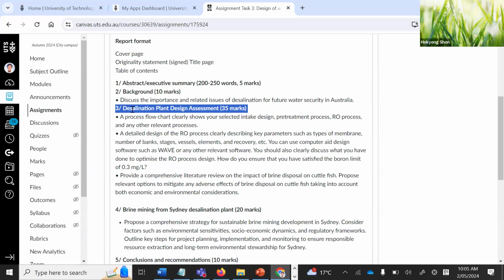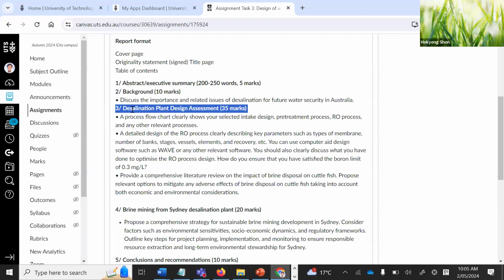So you will learn from the Wave software how to design the reverse osmosis process and any other relevant processes, then post-treatment. When you discuss lime post-treatment or CO2 post-treatment or fluoride post-treatment, there are many post-treatments related to your process.